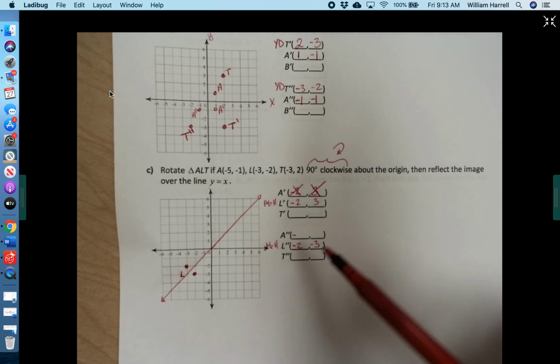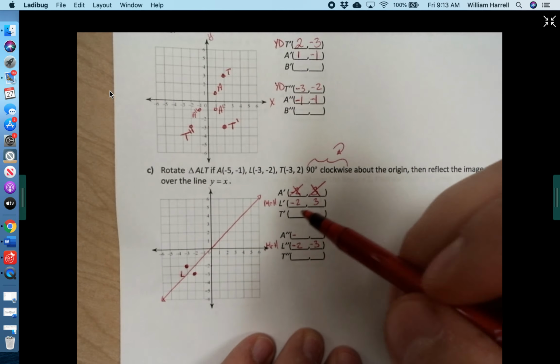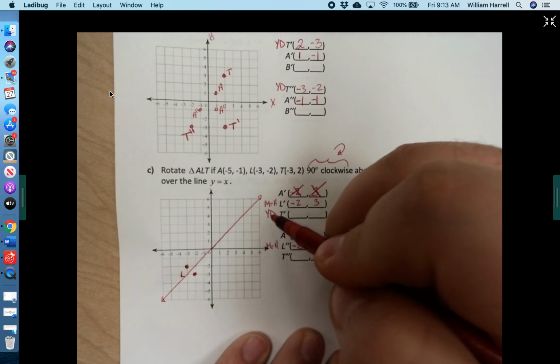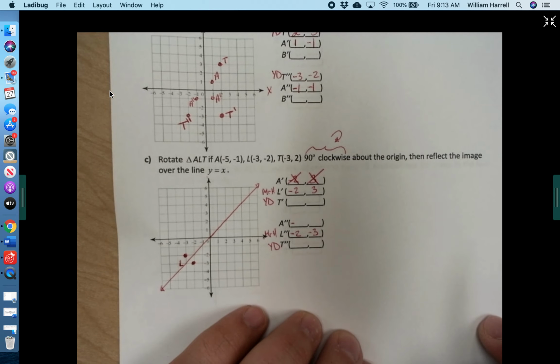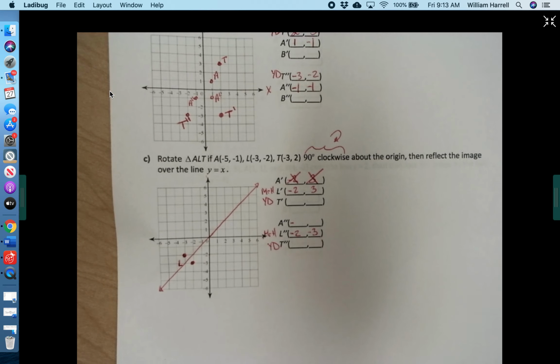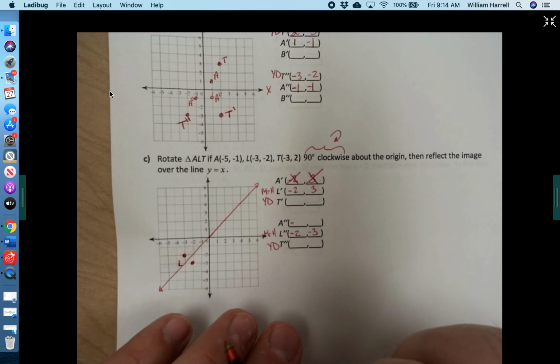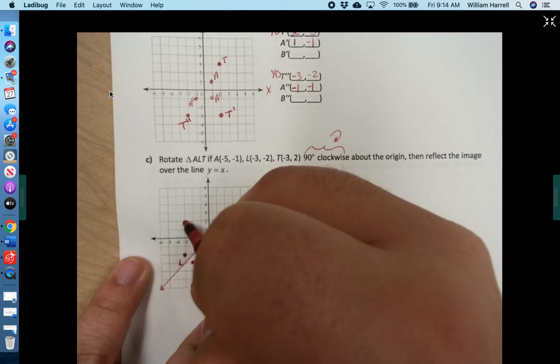All right, now because I messed that up, I'll let y'all do T. Again, the first thing you should do is plot your point. So -3, 2.